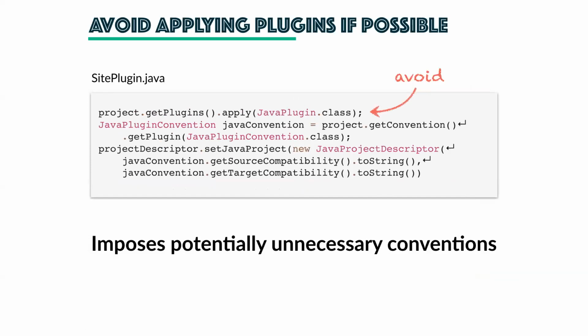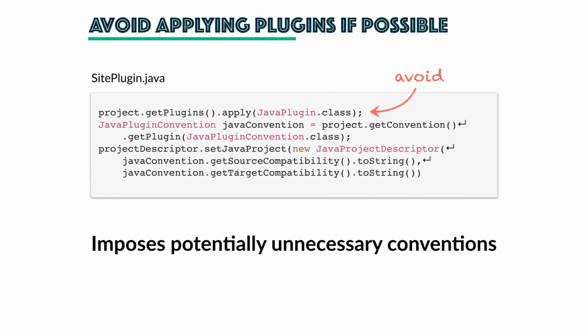So when you write your plugins, it's fairly simple to apply other plugins. We've just seen this in terms of the capabilities versus convention concept. So we can apply a plugin from another plugin. That's usually something we should avoid or wait until we actually encounter the fact that we want to react to a plugin.